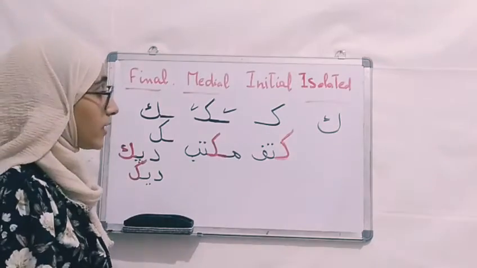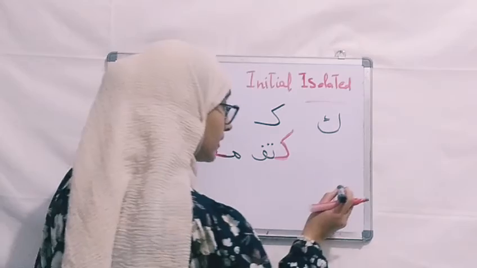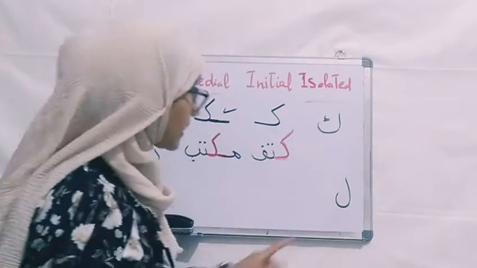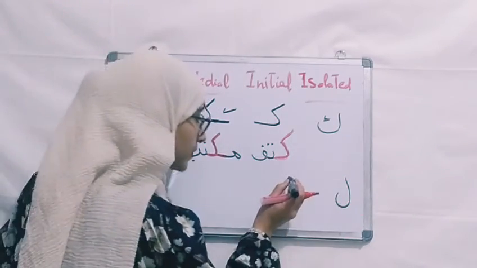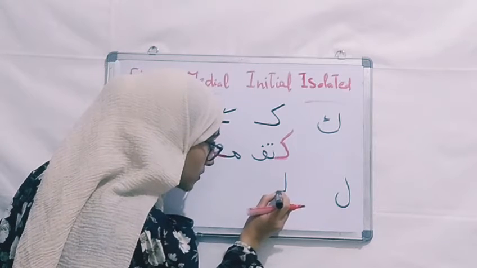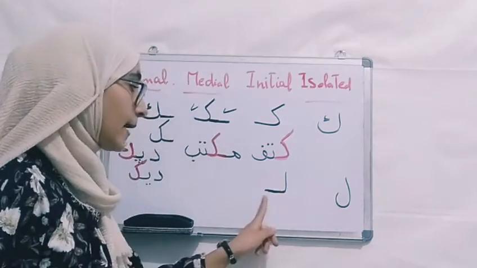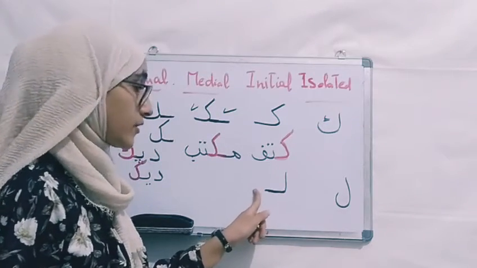Okay? Then we have لام. So in initial form, you write lam like this, and you keep the straight. Instead of curved, you keep the straight lam because it needs to be connected to other letters.